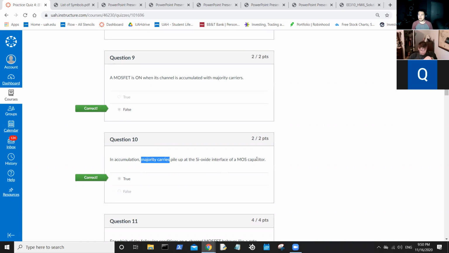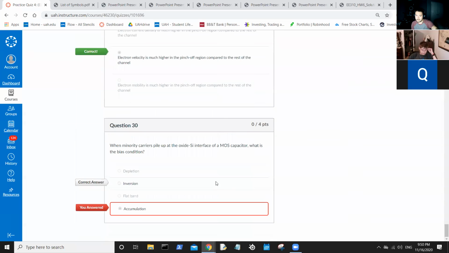So I looked at this question, and since I knew this was right, I went to 30 and got it wrong. Why? Because I missed one crucial detail. In accumulation, majority carriers pile up at the silicon oxide interface. This one asked about the minority carriers, and that's why we didn't get 100 people.